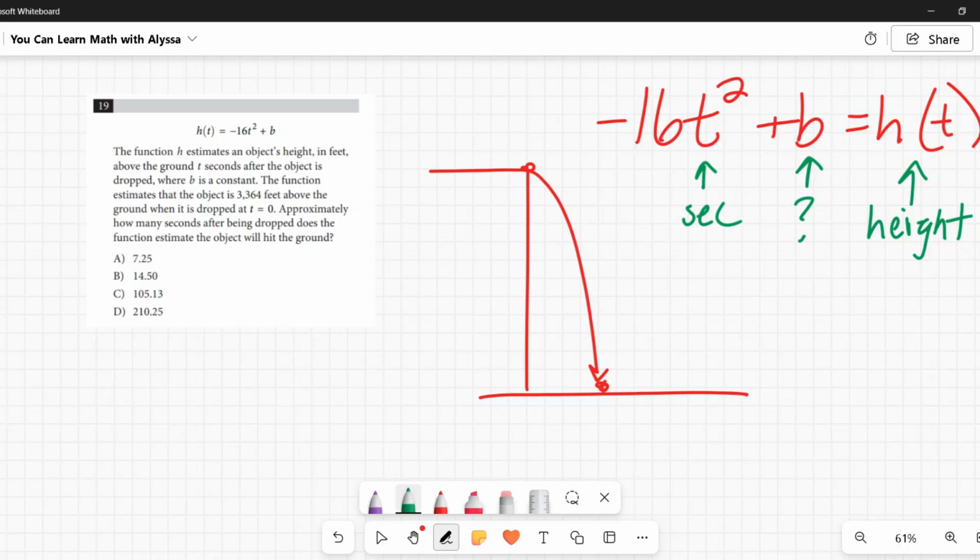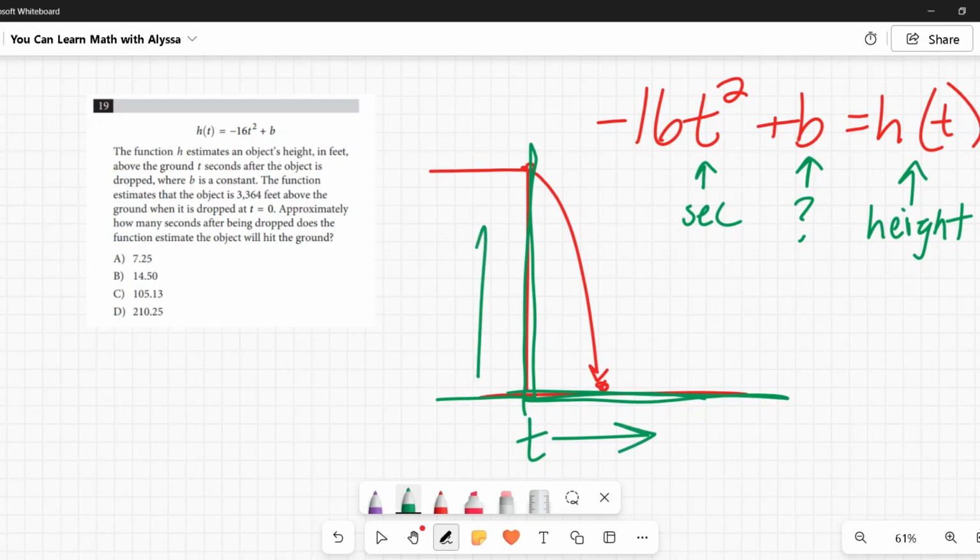Okay, so if I'm viewing this as my little XY graph, superimposing it over my crude drawing of a cliff and something falling off of the cliff, when t is 0, because this is that axis, t, and this here is my h of t, it is 3,364 feet above the ground.